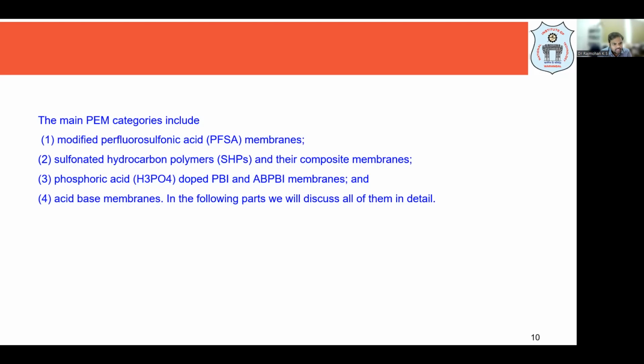Then we have sulfonated hydrocarbon polymer membranes. The composite membranes are also being used. Another alternative is phosphoric acid or sulfuric acid doped PBI, which we have seen now. So mPBI, PBI and ABPBI membranes and acid based membranes: all 4 different types of membranes are being explored towards high temperature PEM fuel cell applications.